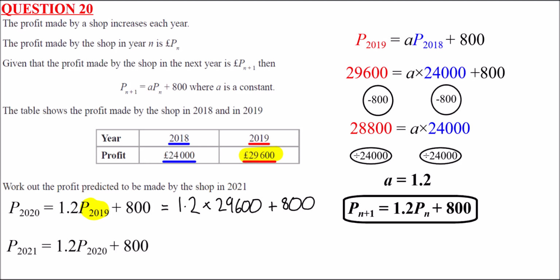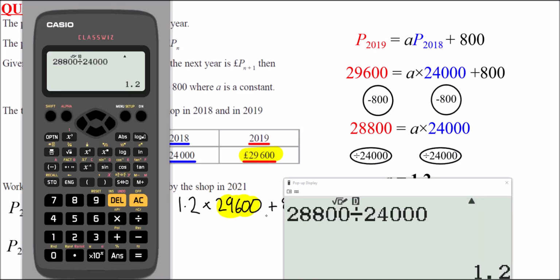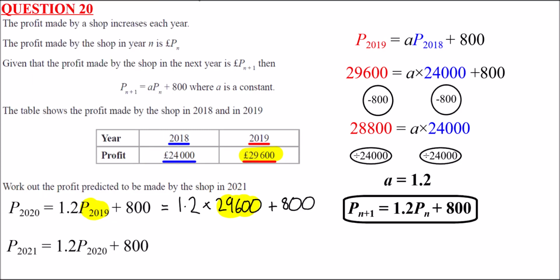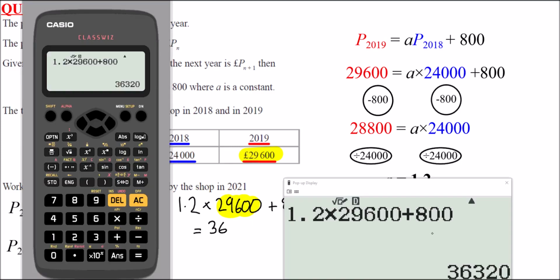So using the calculator again to just do this step, we're going to do 1.2 multiplied by 29,600 plus the extra 800 on top. That gives us 36,320. Just make sure I've remembered that right, 36,320, yep.